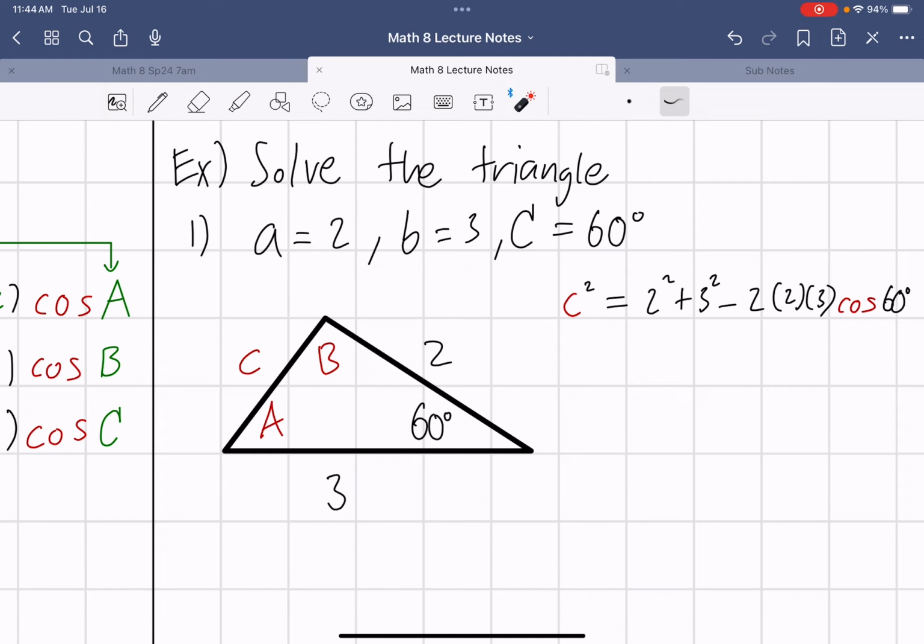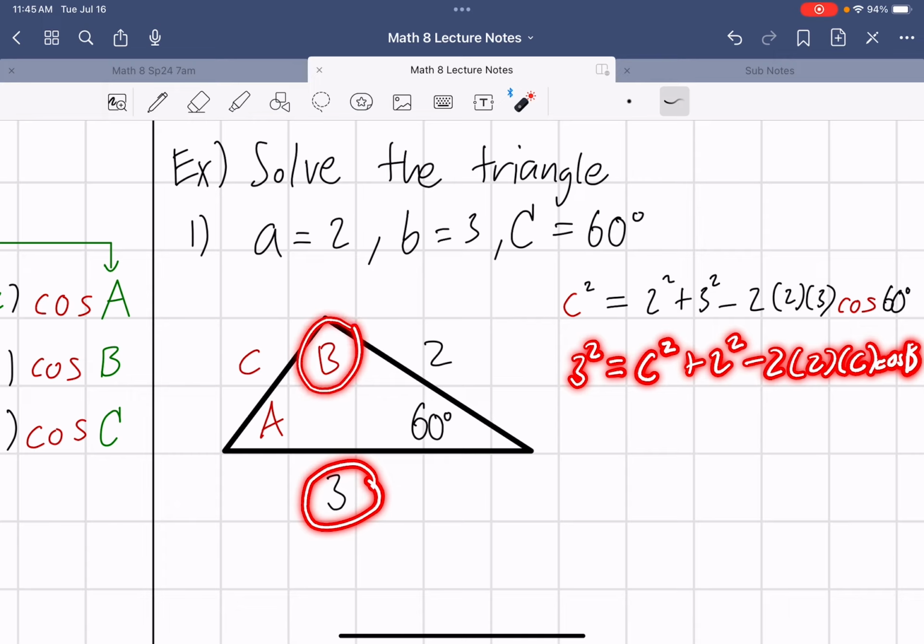You could have picked any other situation, and maybe you have one unknown variable, you might have two. Let's say, for example, I picked 3 and B. So if I did that, I would have 3 squared equals C squared plus 2 squared minus 2 times C, and then cosine of B, because the 3 and B correspond to each other.